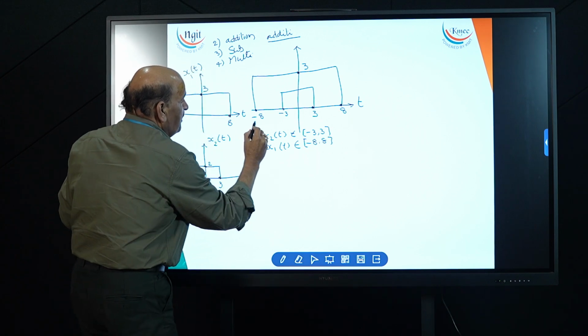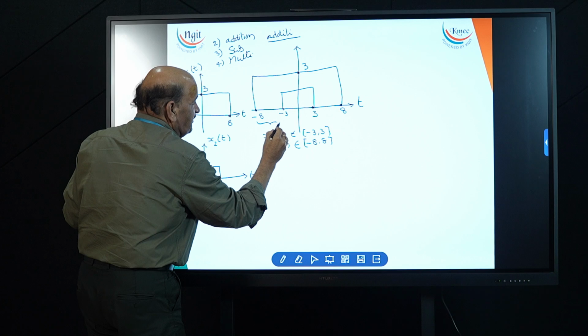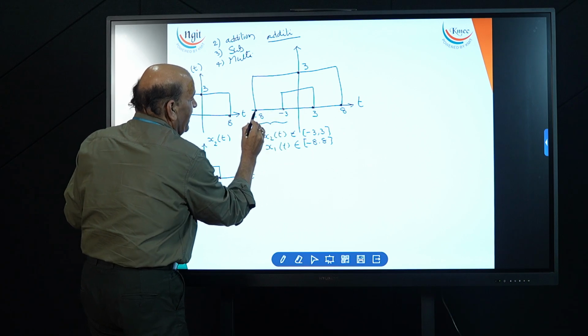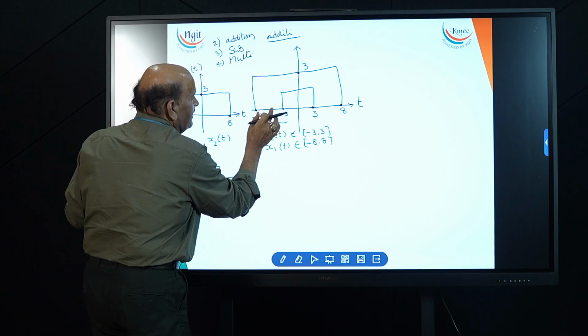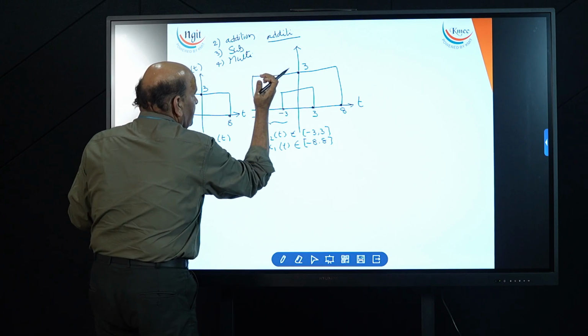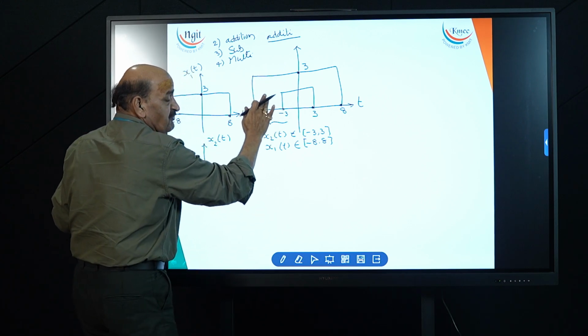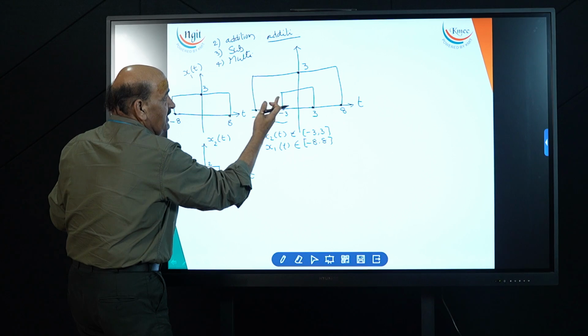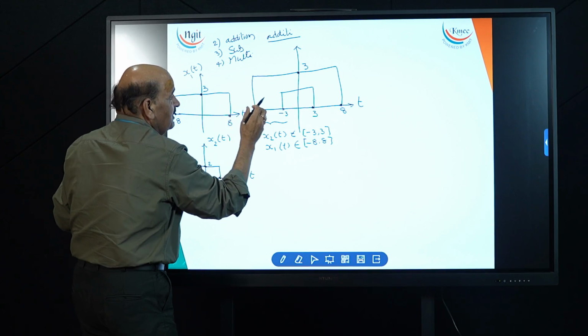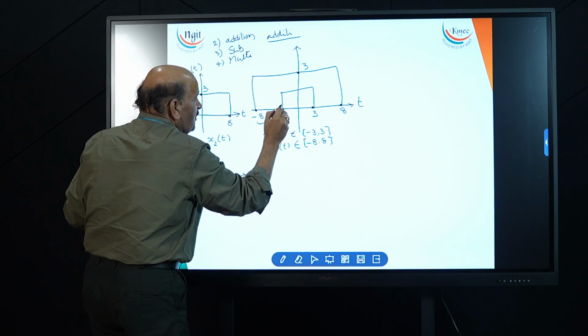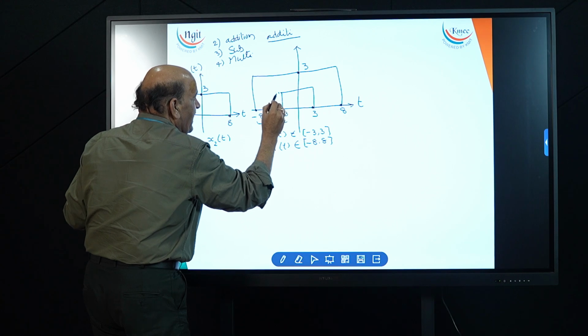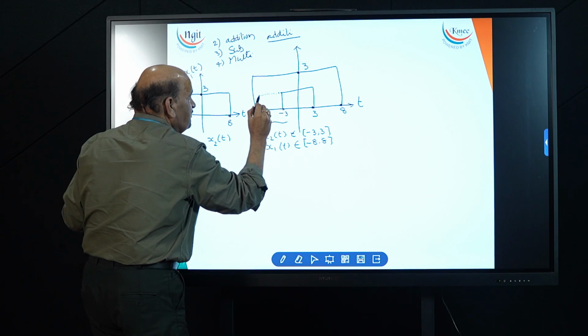Look at. Between -8 to -3, in this space, there is nothing. Full white space is appearing. Full white space. There is no signal. There is no signal means what? From -3 to -8, there is no signal.